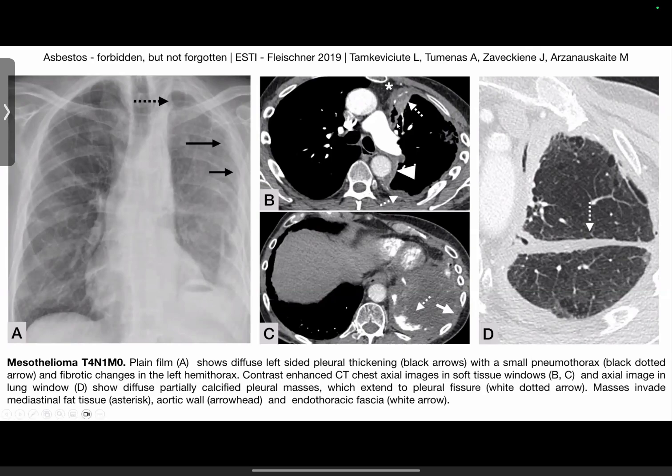And there are fibrotic changes in the left hemithorax, demonstrating this very thick calcified pleural mass expanding to the fissure and sort of abutting the aorta and endothoracic fascia. Okay, so this is something that looks like that.